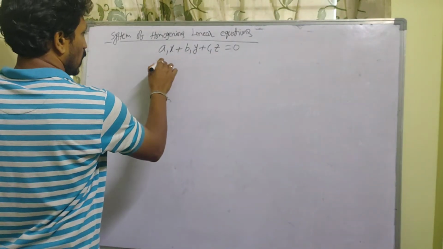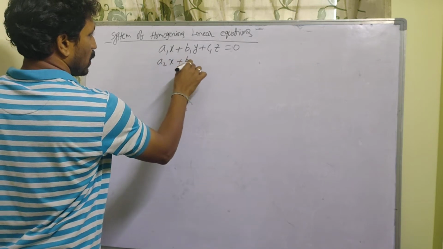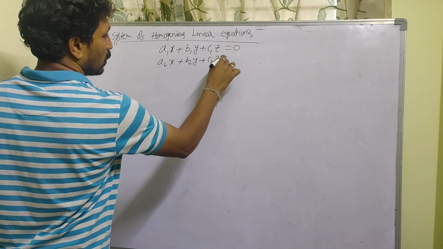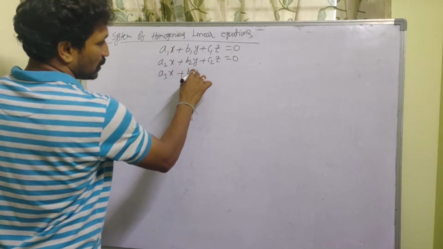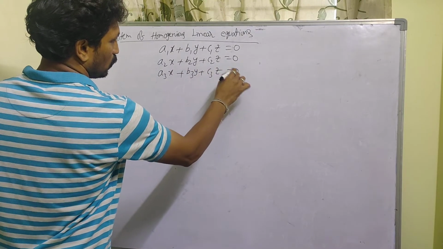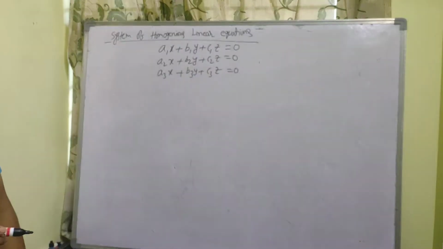So let us take the second equation, a2x plus b2y plus c2z is equal to 0. The third will be a3x plus b3y plus c3z is equal to 0. These are the three linear equations.